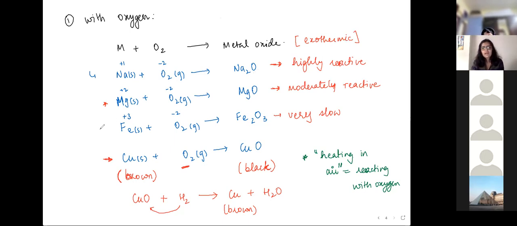Even in the case of iron, the reaction is exothermic, but you don't see fire because it is extremely slow. Whatever heat is being produced, it's being produced at a very, very low rate. The amount of heat produced is so slow that you don't notice it. But usually most of the reactions with oxygen are exothermic in nature.